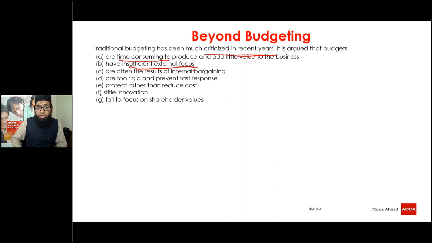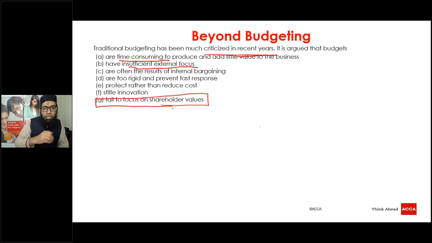They are also too rigid and prevent fast response. It also protects rather than reduces cost. It will not allow us to innovate. And finally, it fails to focus on shareholders' value. So these are a few practical limitations, practical criticisms of preparing the budget.